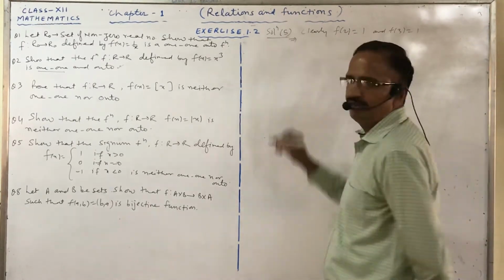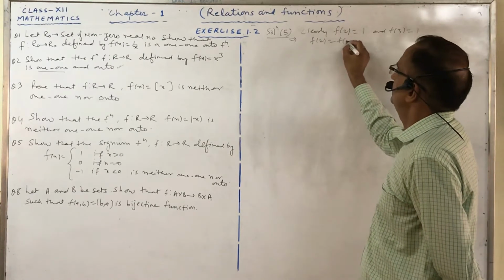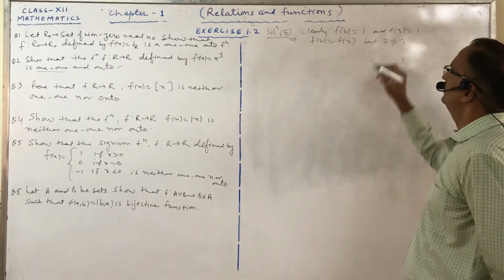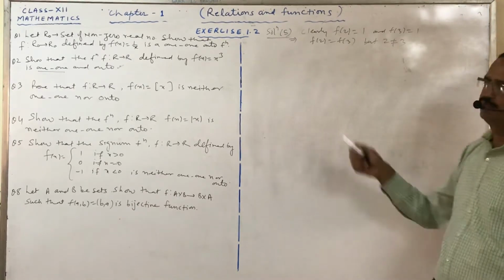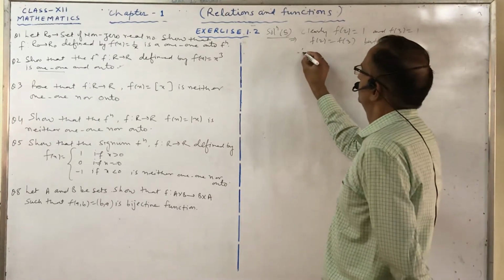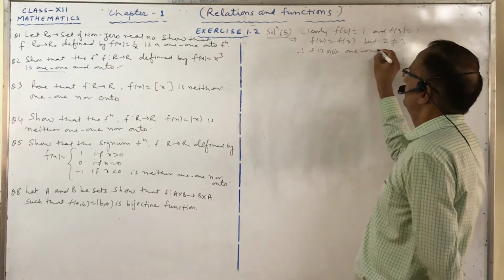This implies that f(2) equals f(3), but 2 is not equal to 3. The elements are not the same, but their images are the same. Therefore, f is not one-one.